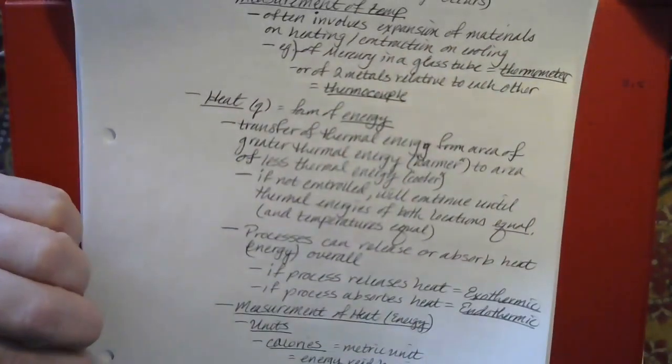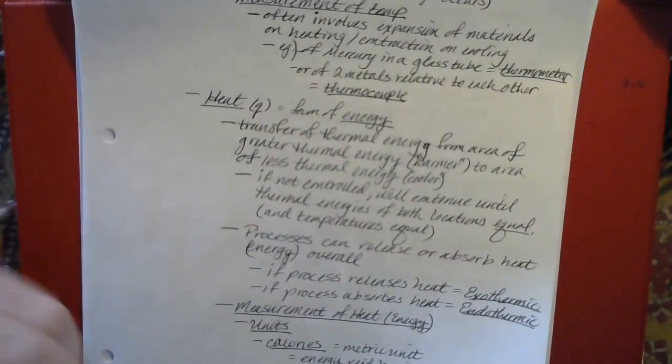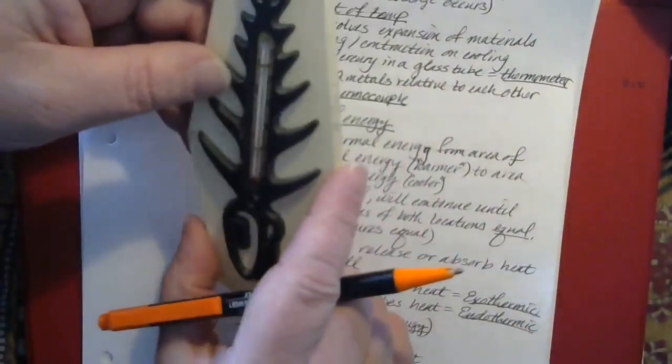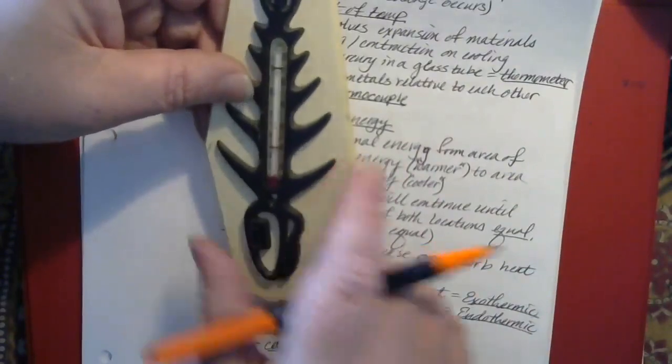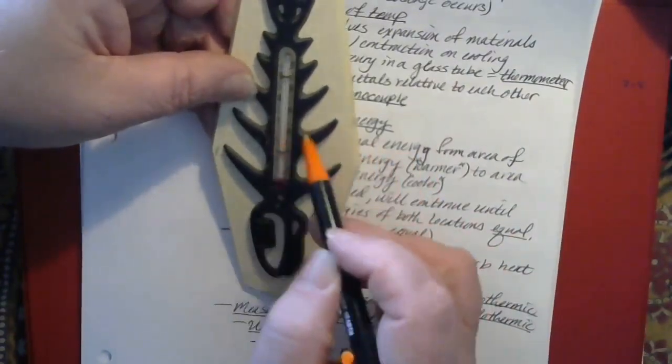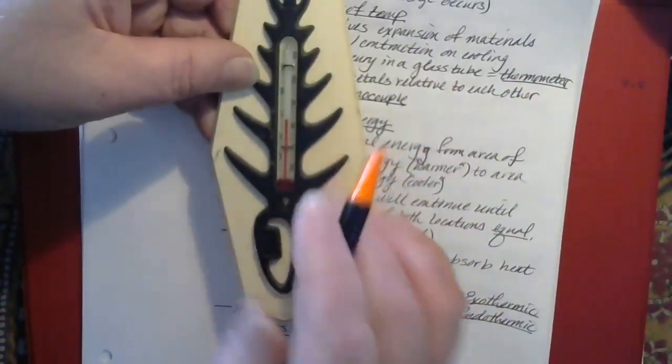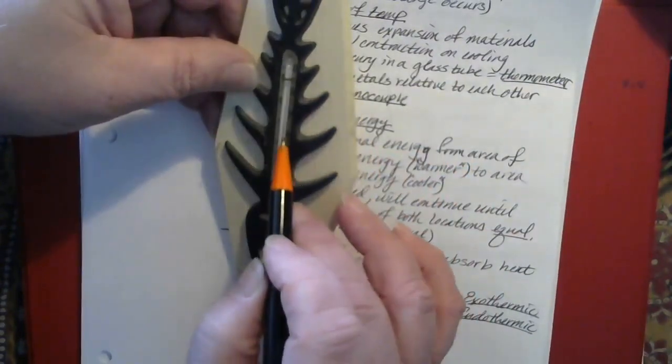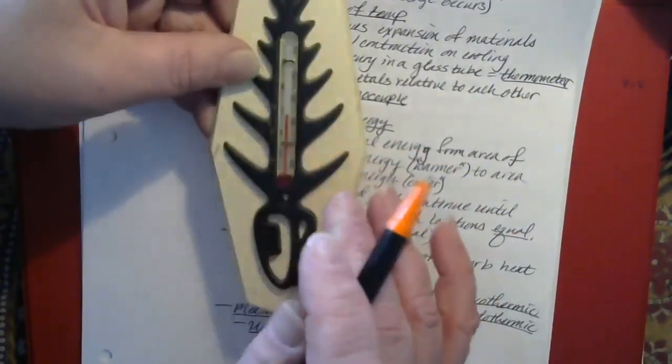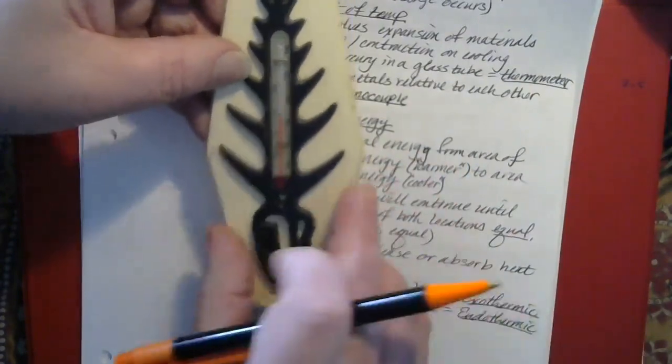Basically what they do is they put some alcohol or mercury in the tube, and then they calibrate where certain temperatures are. And you can see by the scale, it's just about 70 degrees in here right now.